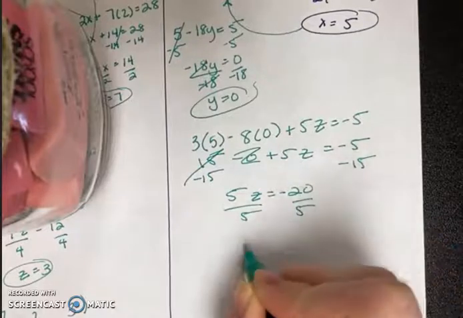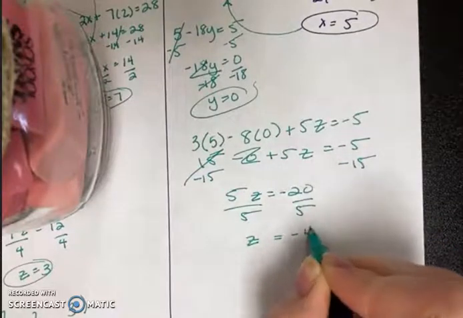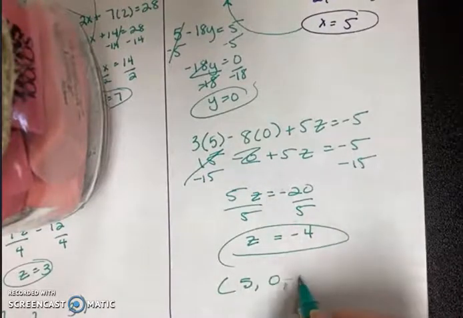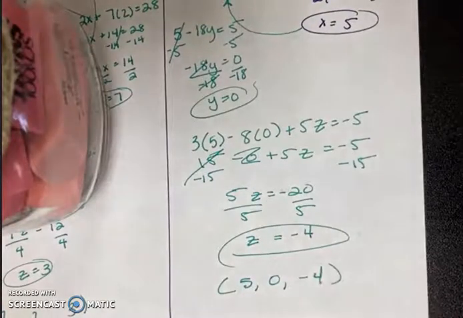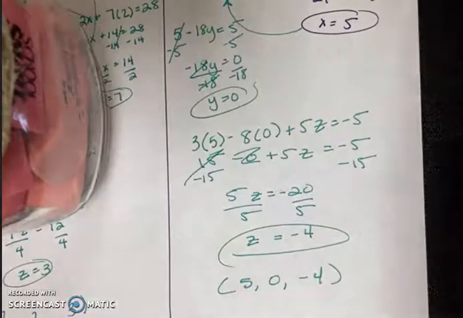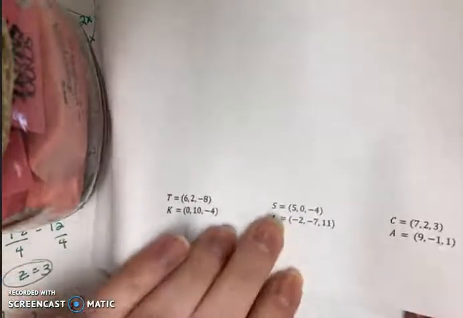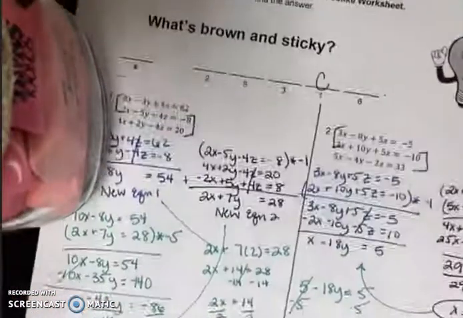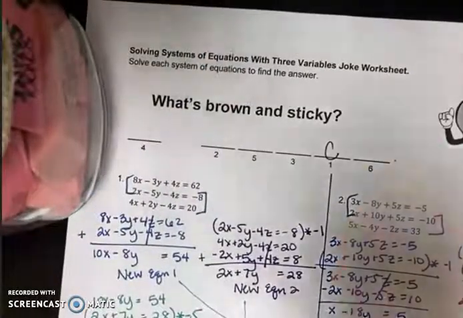Divide by 5. z is negative 4. So the final answer is 5, 0, negative 4. If you take a look at the letters that correspond, 5, 0, negative 4 is S. So that means 2 is S.